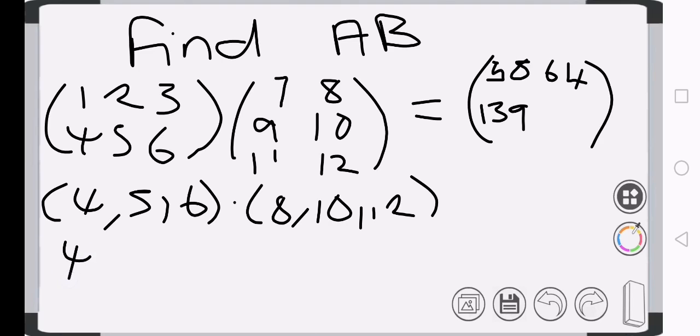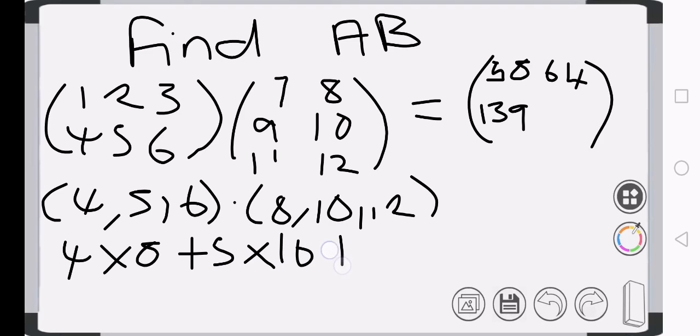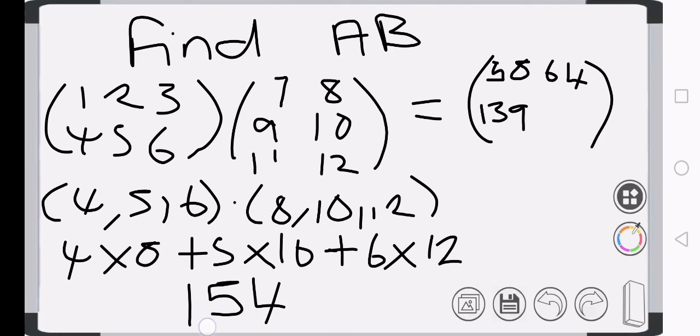So it will be 4 times 8 plus 5 times 10 plus 6 times 12. And our final answer will be 154. So our element there will be 154. So we've come up with a matrix.